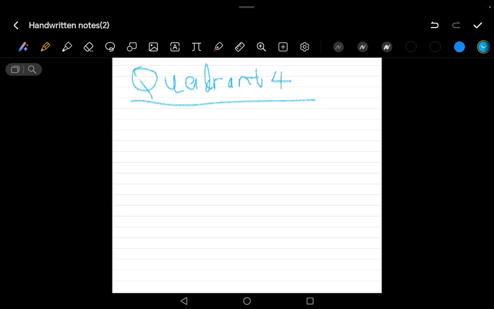So quadrant 4, the reference angle is going to be 360 degrees minus theta. And then quadrant 4, 1, 2, 3, 4. Which ratio is positive on quadrant 4? Cos. Yes.